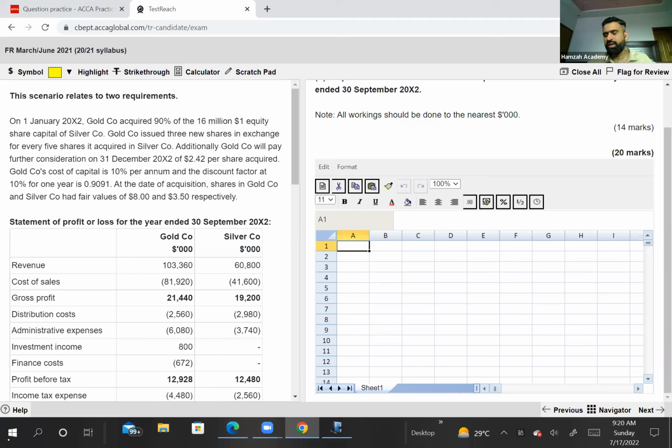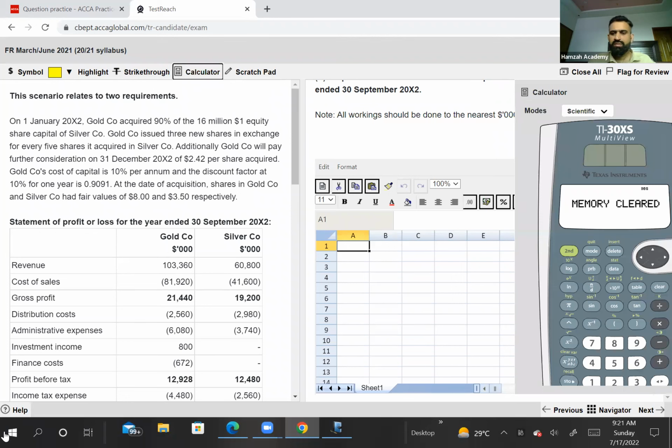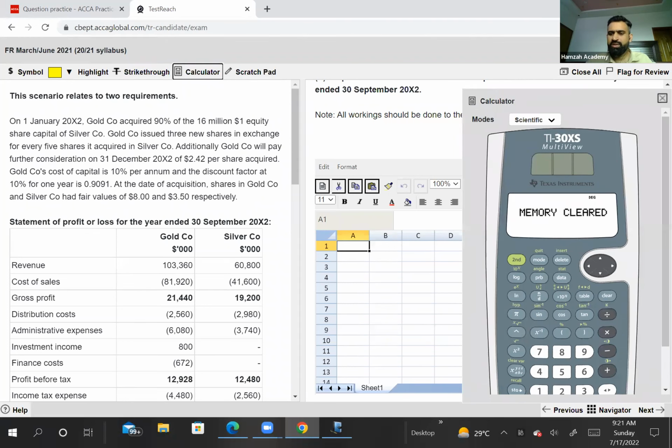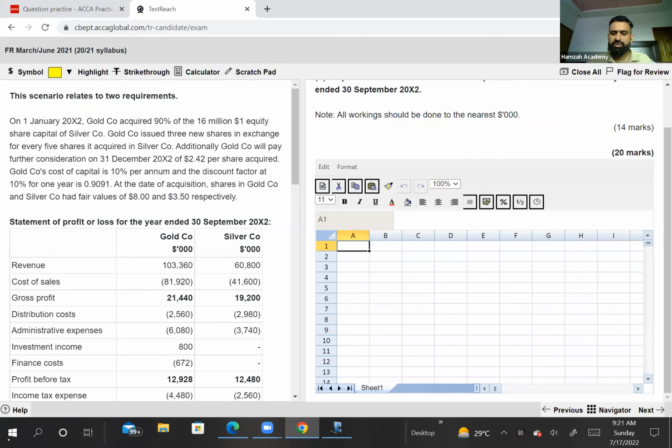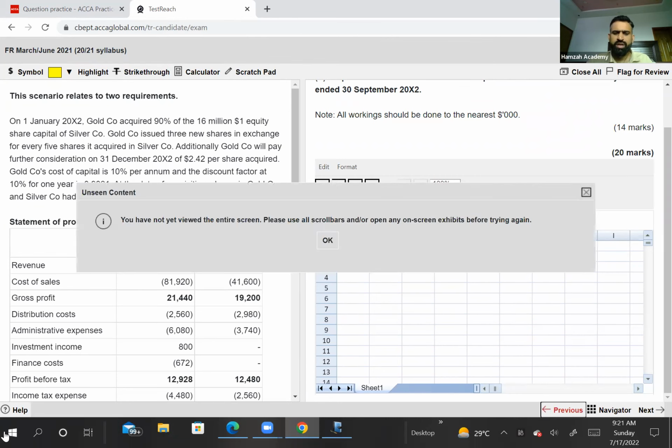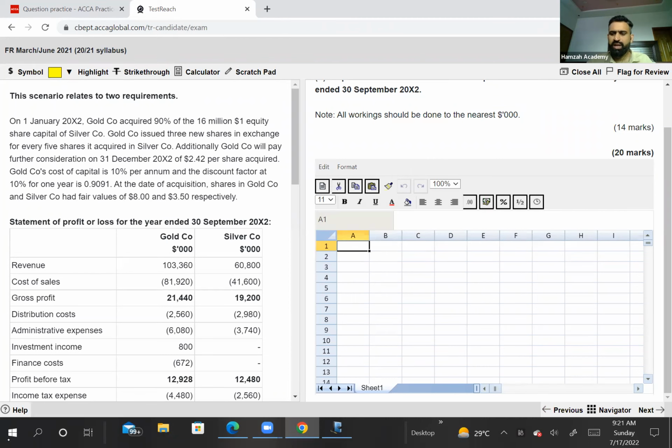In the exam practice, we have a calculator here on your screen. We can use this calculator, but there will be very little need to use it, especially when I'm using the spreadsheet.